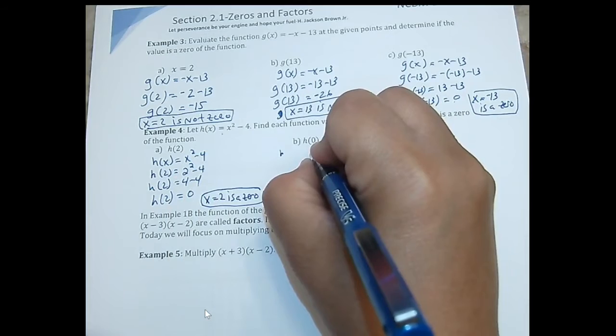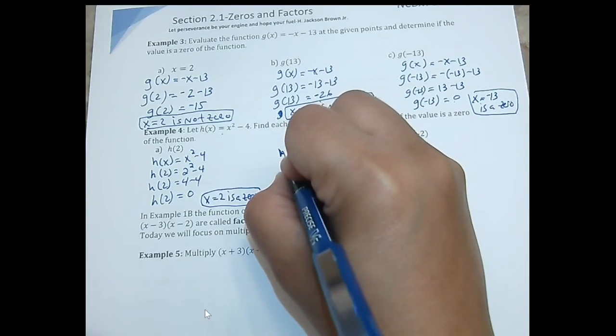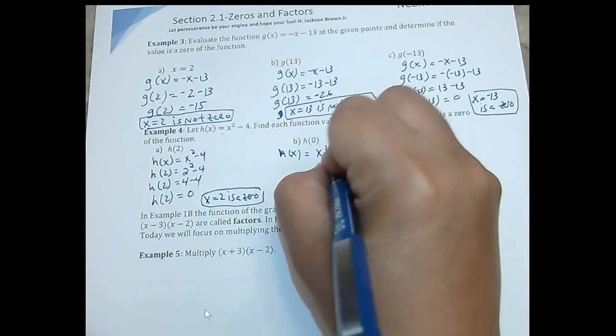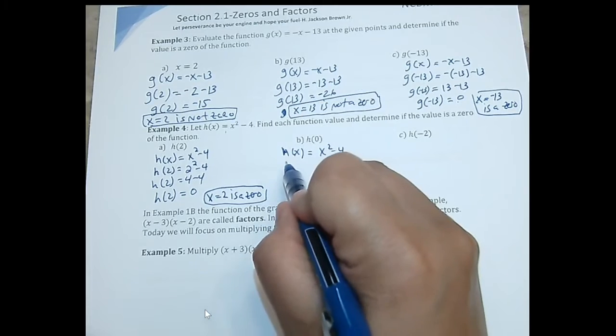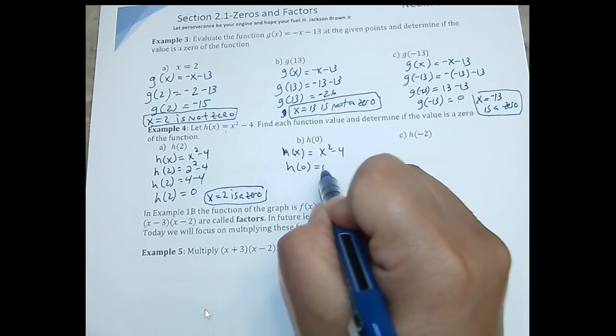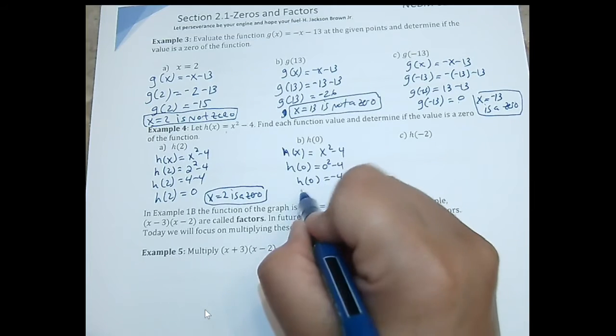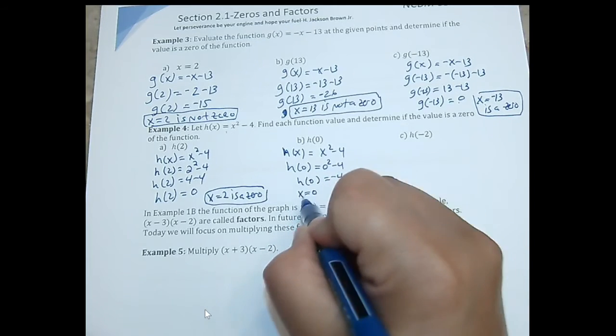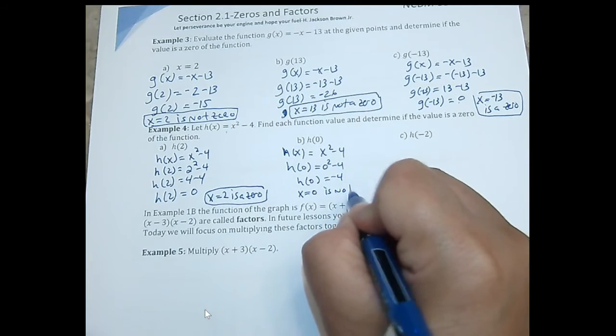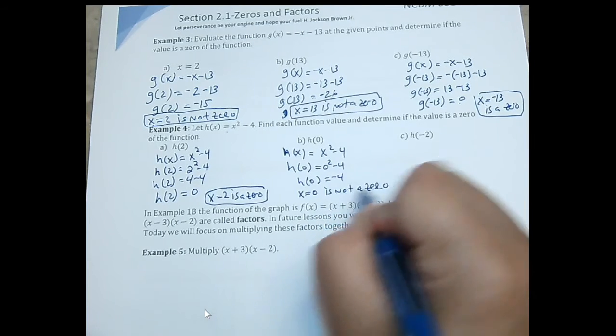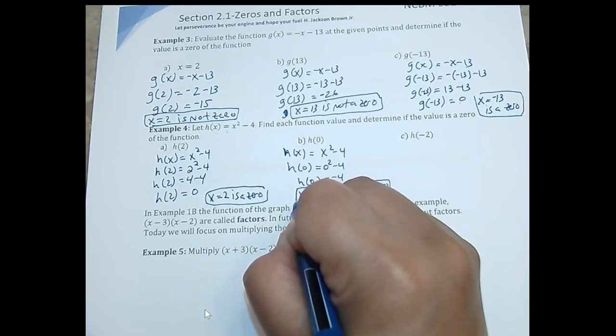Okay, so example B, if we have h of x is equal to x squared minus 4, and if I substitute 0 for x, then we get h of 0 is equal to negative 4. So that tells me that x equals 0 is not a zero.